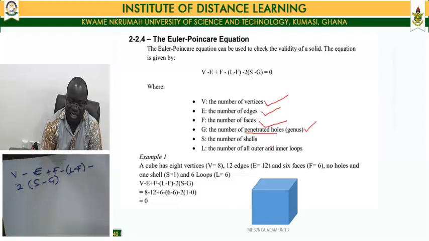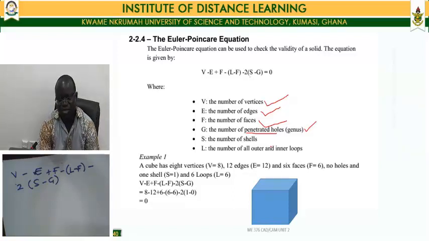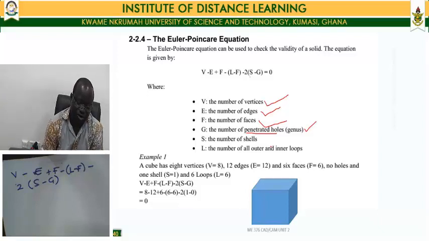But if there is an internal void, which can only be seen from a cutout or from a section, then the number of shells will be the outer skin, which is 1, plus any internal void forming an inner skin to add to the shell. And L, of course, is the number of all outer and inner loops.